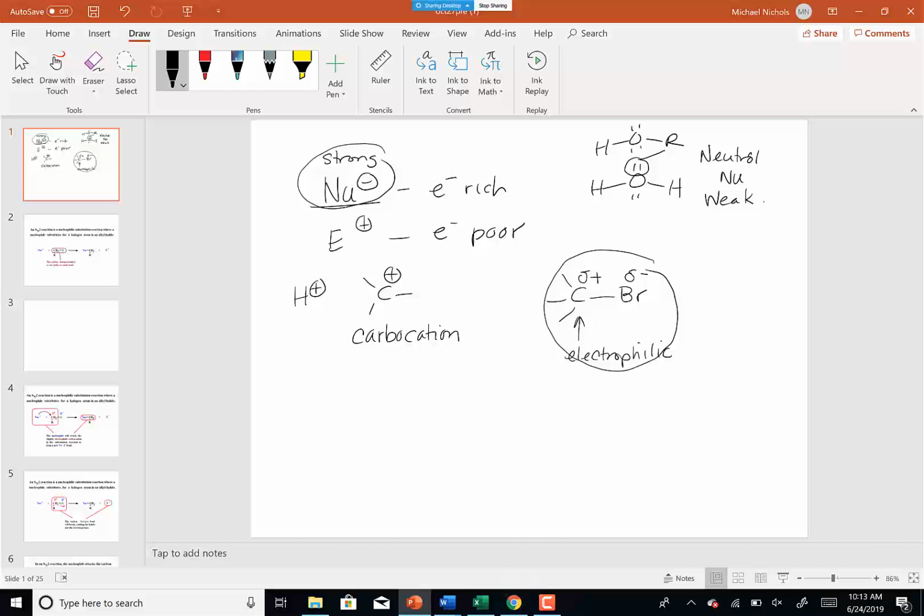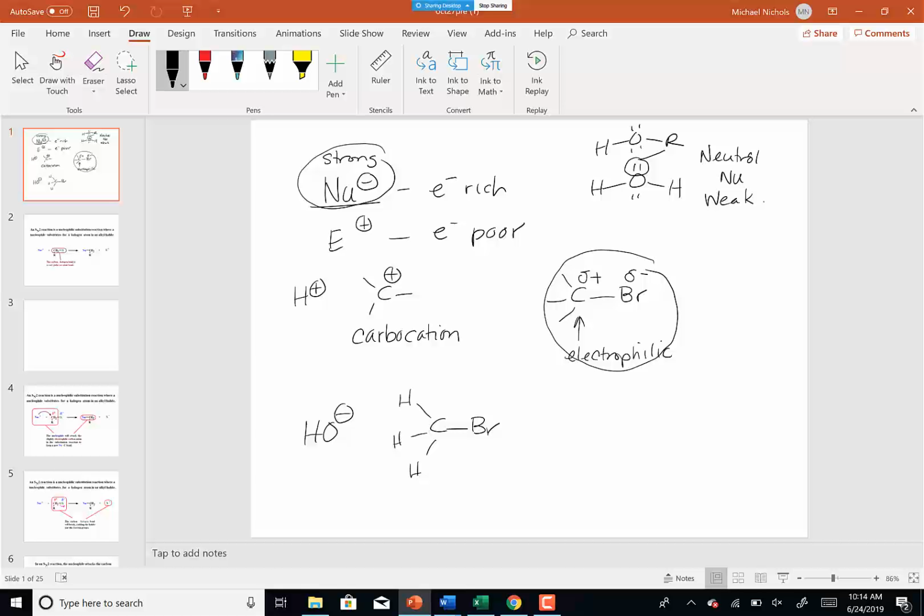If I took a nucleophile, let's just say a hydroxide ion, and I reacted it with something like bromomethane or methyl bromide, I can actually have a reaction occur, and it's going to be a substitution reaction.